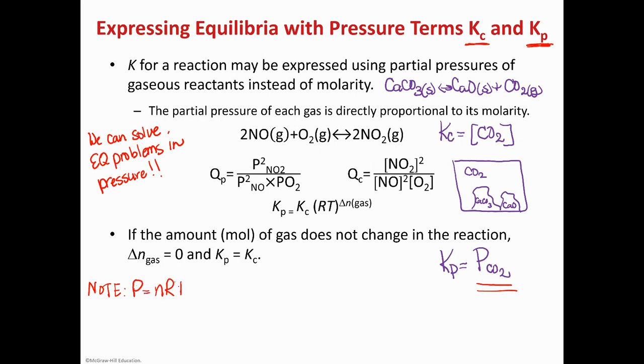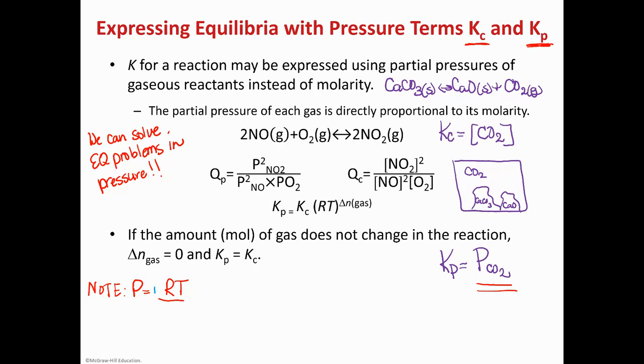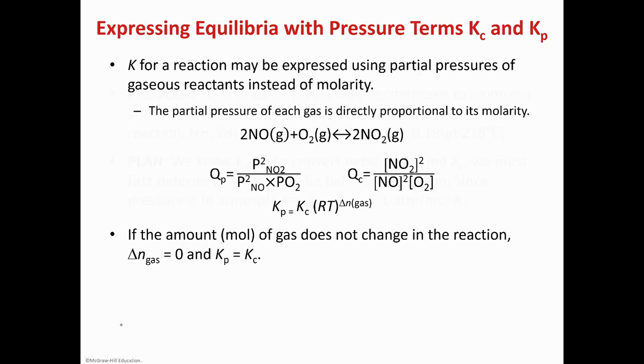PV equals nRT, right? If you notice, you see n over V? That is moles per liter, which is concentration.